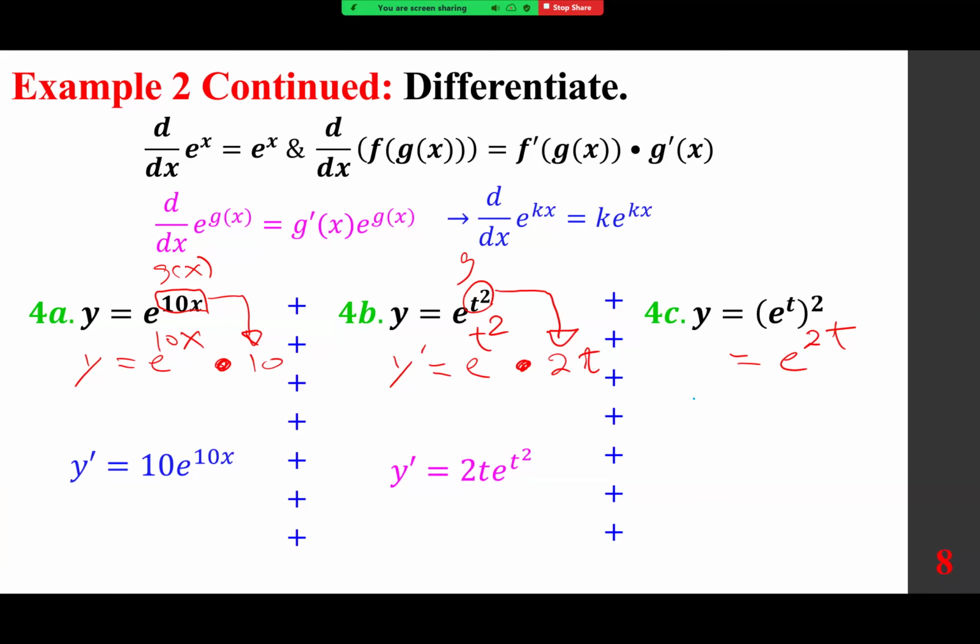Then I'm going to differentiate. Because the base is e, the answer is itself. And if you call this exponent g, I need g prime, which is 2. I put it in front, and I'm done.